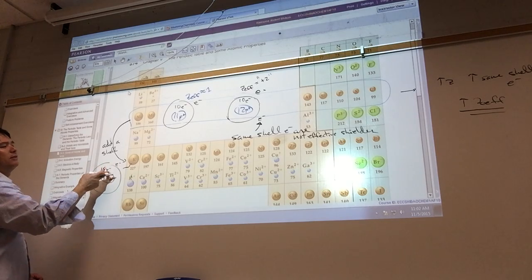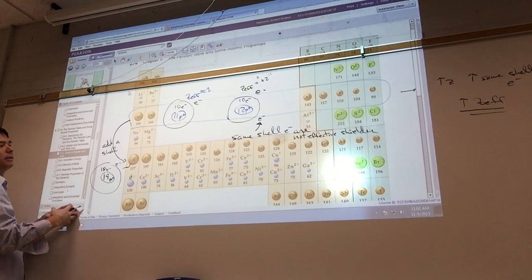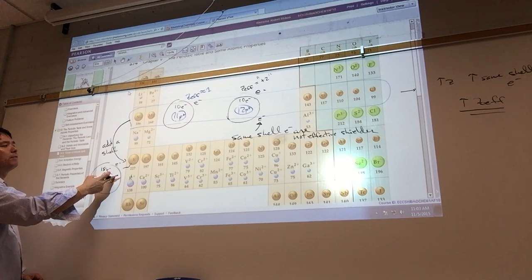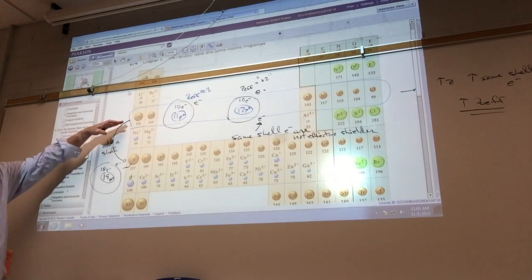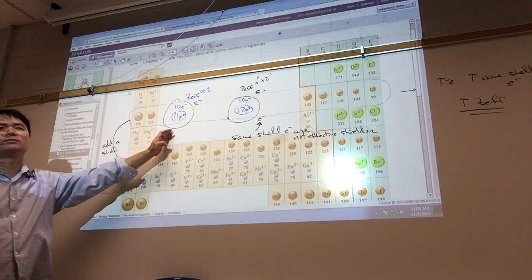And so Z effective here is about +1, but the size is going to be much bigger because we have a whole other shell of electrons in there. And so the size should increase as we go down, and size should decrease as we go across.